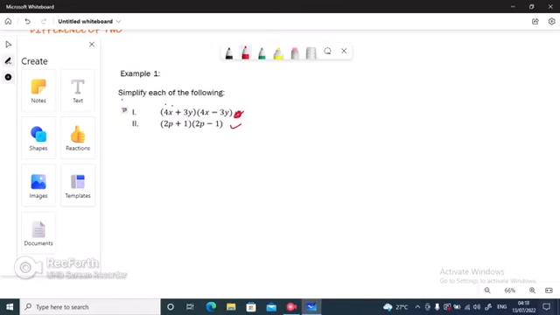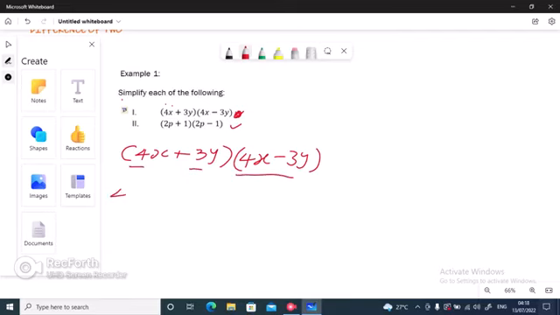So let's start with this, which is our 4x plus our 3y multiplied by our 4x minus our 3y. So take note and multiply everything here throughout this.